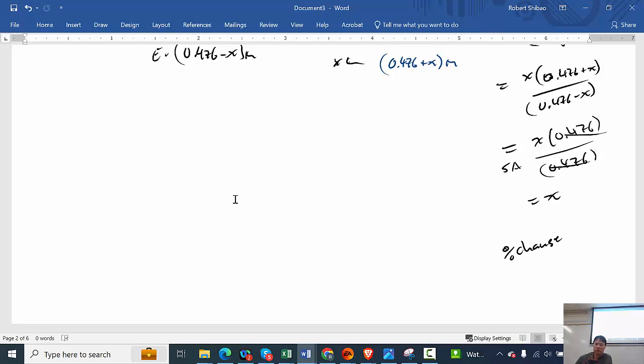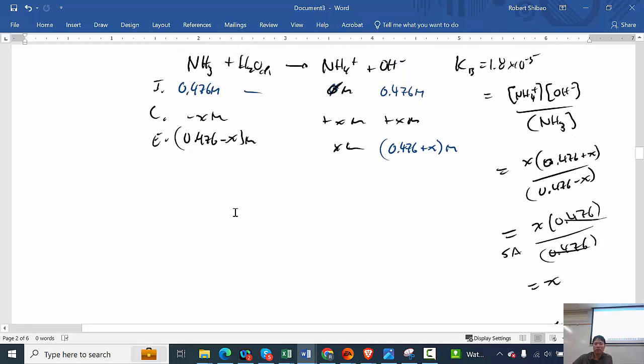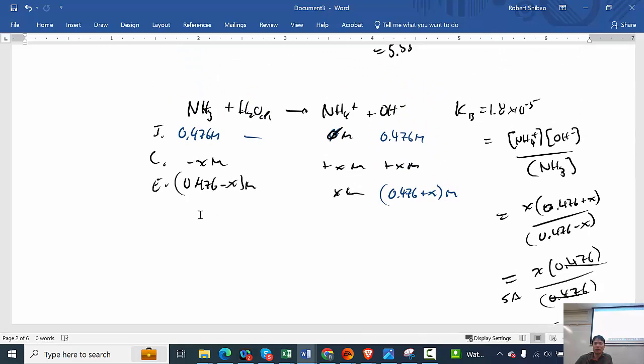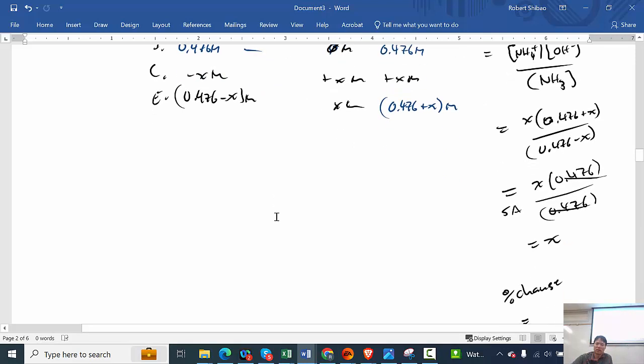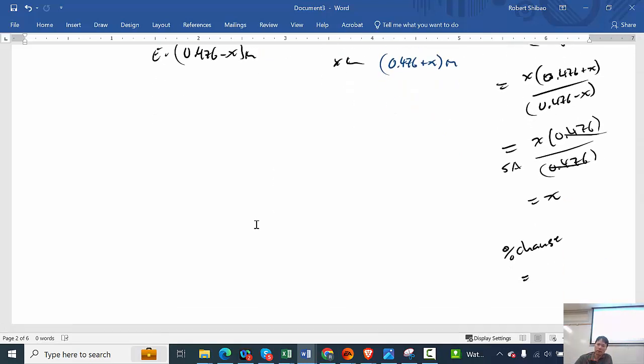Percent change is also called the percent reaction, or the percent hydrolysis in this case. Since we have a product here to begin with, the percent hydrolysis is going to be less than expected because of Le Chatelier's principle. A lot of product there to begin with inhibits the forward reaction. So this is x, the change, over the initial 0.476, times 100%.